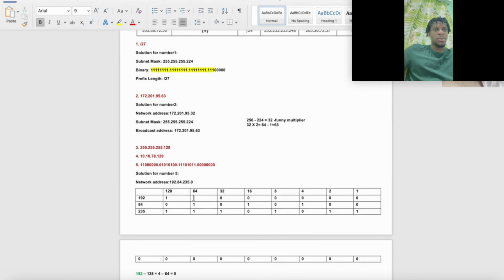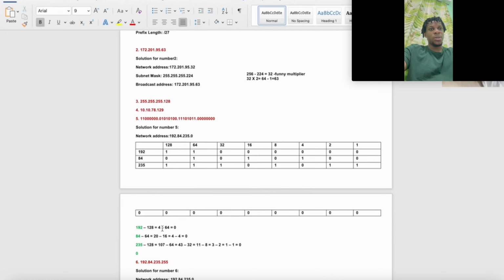That's the table for the solution for number 5. From this table now we'll get our answer, which has been clearly written and drawn here. So we move down to the solution.